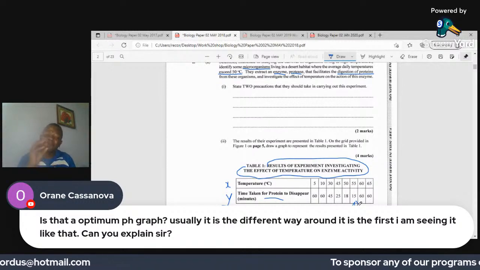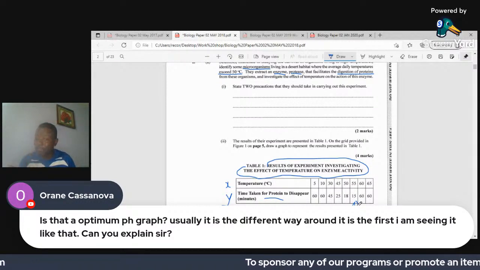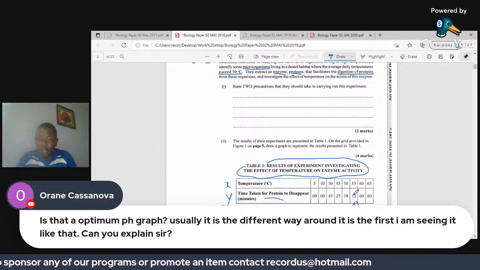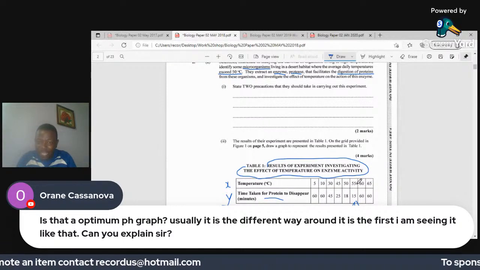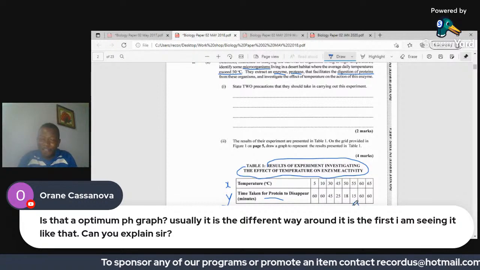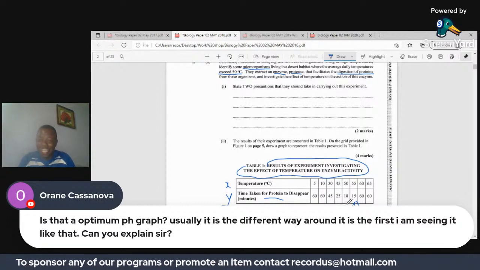And that is why we have mechanical digestion before chemical digestion, so that we can get this process moving on very quickly. So if you observe here, at 55 degrees Celsius, it takes only 15 minutes to break down the protein. At 50 degrees Celsius, it's taking 18 minutes.